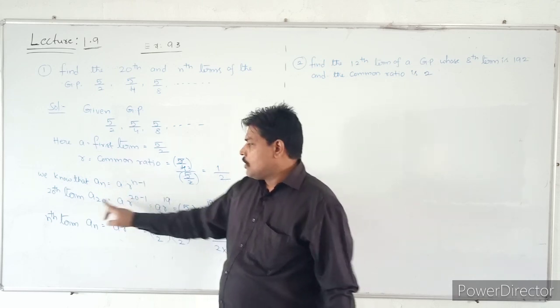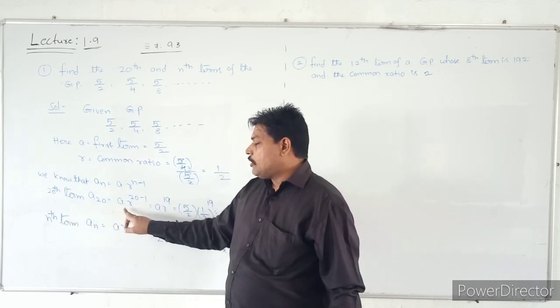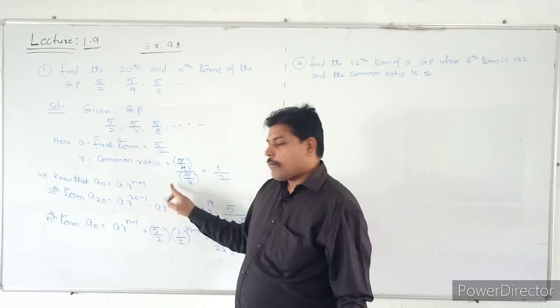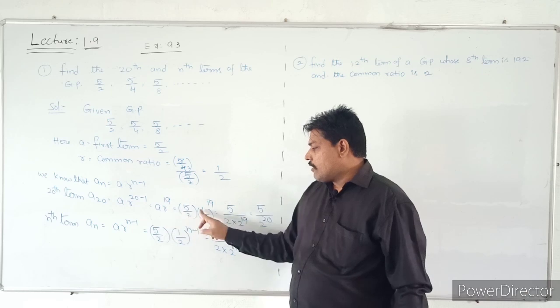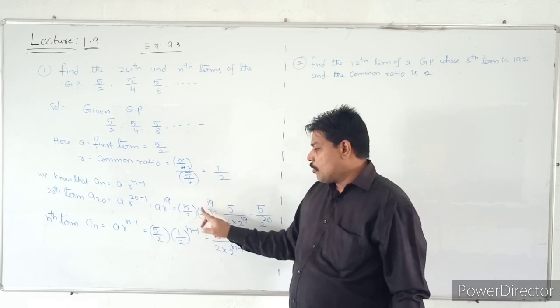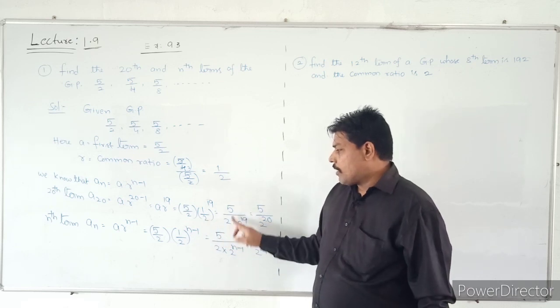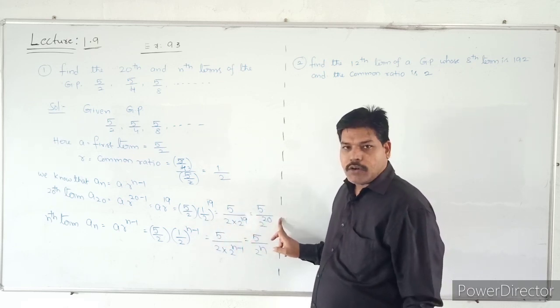They are asking for the 20th term, so A20 is A into R power 19. A is 5 by 2 and R is 1 by 2 whole power 19, which is 5 by 2 into 2 power 19. It will become 5 by 2 power 20.